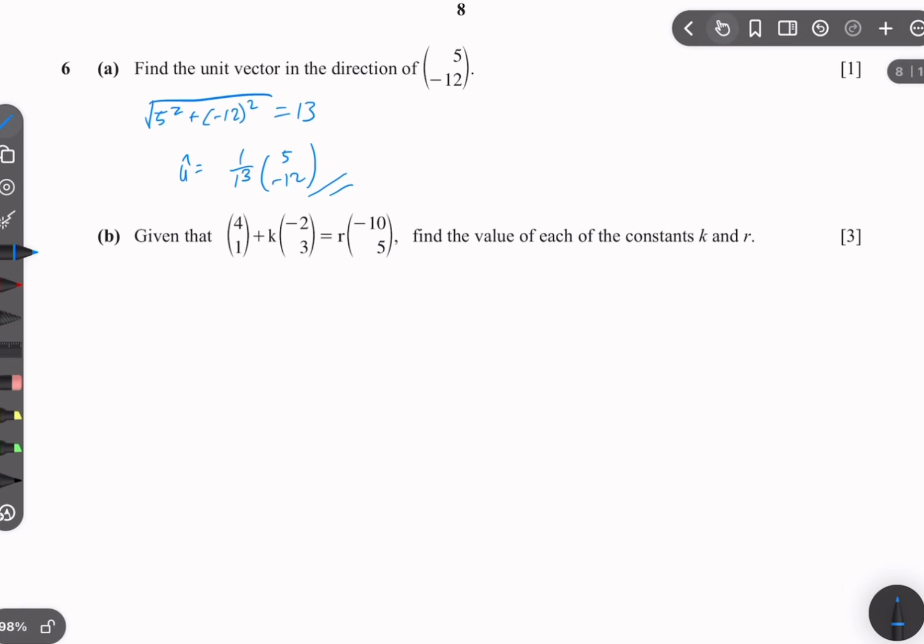Part B, given this, find the values of the constants k and r. So we can form two equations using the top and bottom values. 4 minus 2k is equal to minus 10r, and 1 plus 3k is equal to 5r. And now it's just simultaneous equations. Let's rearrange to get r, and then we can sub r into this equation.